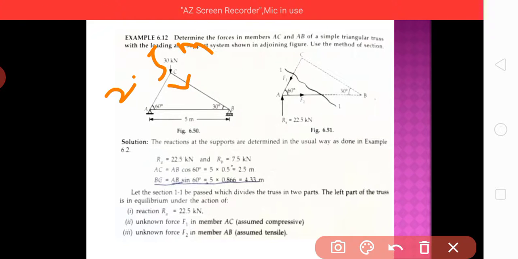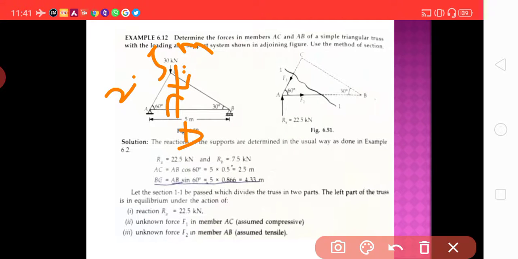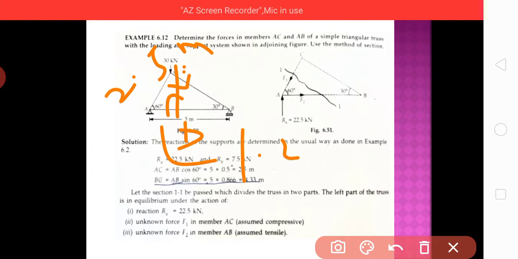Again, drop a perpendicular from here, then this angle is 90 degrees, this 60, this 30, and we call the foot D. Then AD will be 1.25, that is 2.5 cos 60, that is 0.5 times 2.5, which comes out to be 1.25. You can make the calculation on your own.